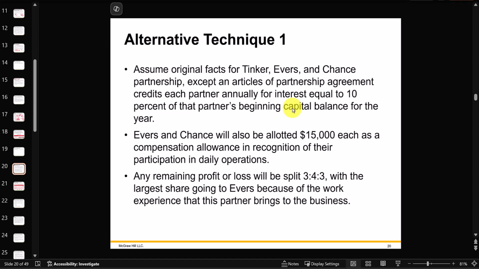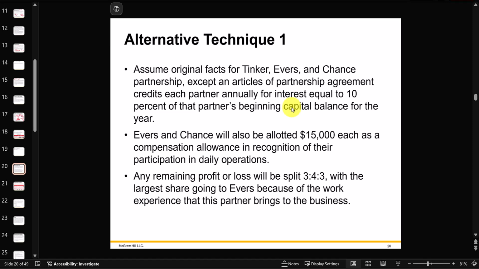year. To make things a little bit more fair, really you should be doing a percentage of the average balance during the year. Because remember now, if a partner takes out a withdrawing during the year, that's going to reduce their capital balance. And that's not being factored in here if you're just using the beginning balance.